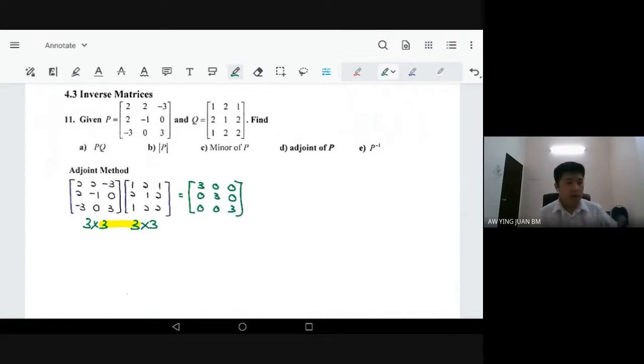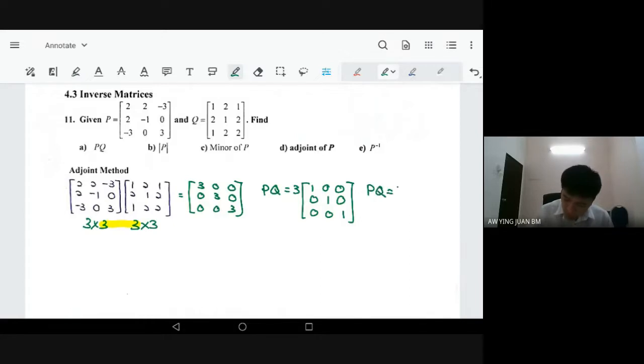If we simplify, PQ is equal to 3 multiplied with the identity matrix. Normally, we represent the identity matrix with I. So we can say PQ is equal to 3I. That is the conclusion for question A.